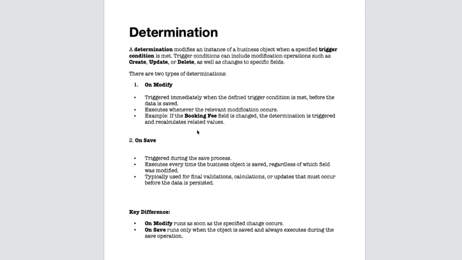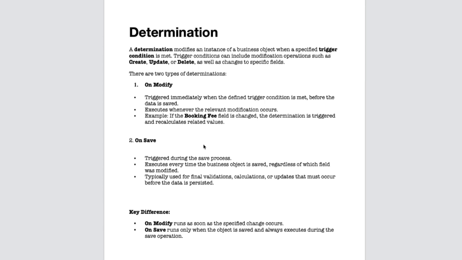Okay, this executes whenever a relevant modification occurs. So for example, if we are booking a flight and the booking fee field is changed, then determination is triggered and recalculates the values.